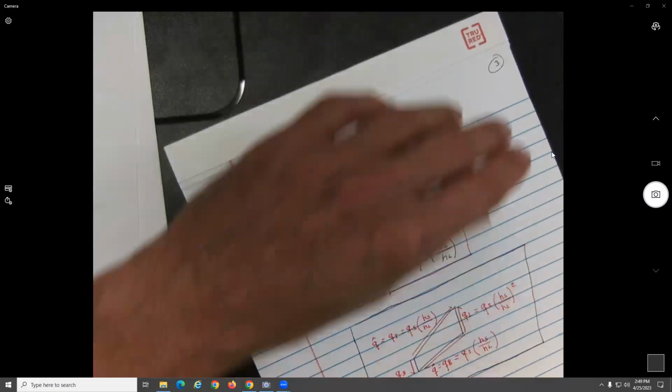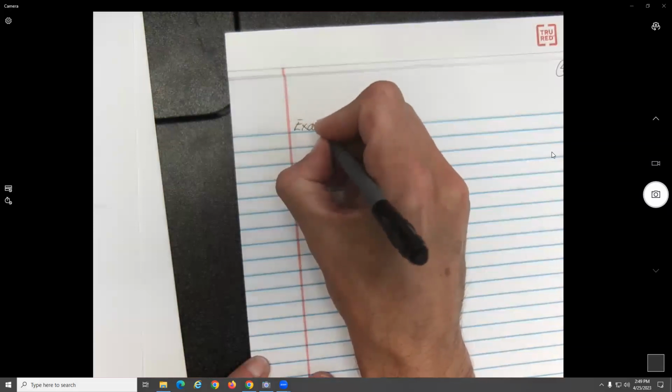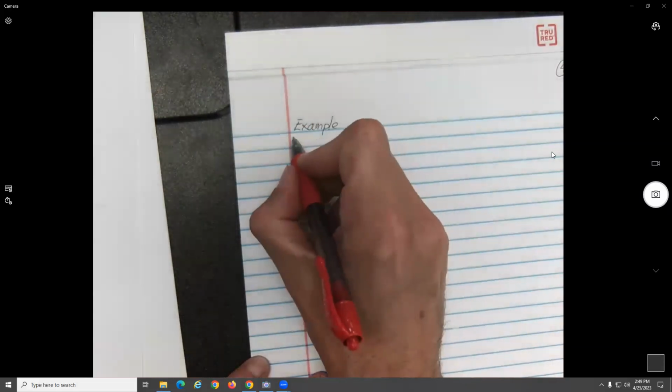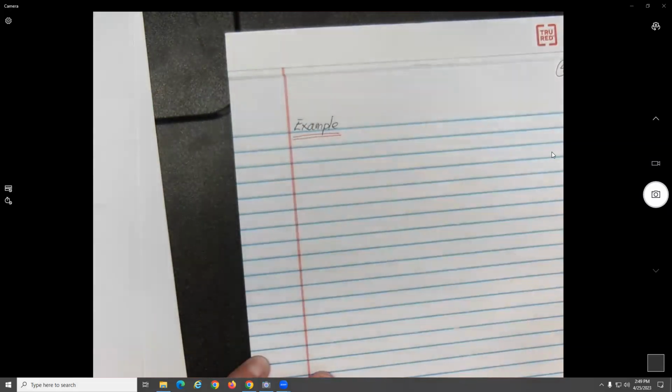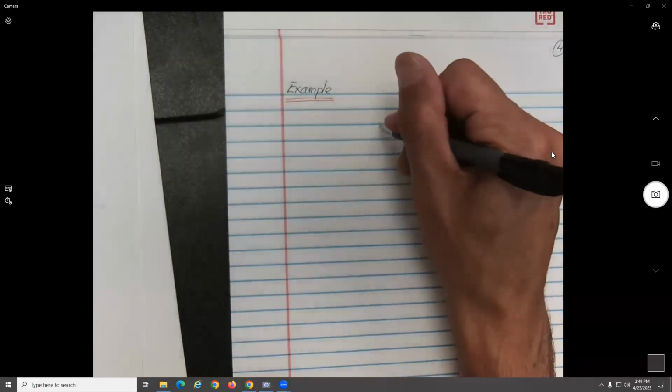Let me go to the next page. So over here, we have a panel.